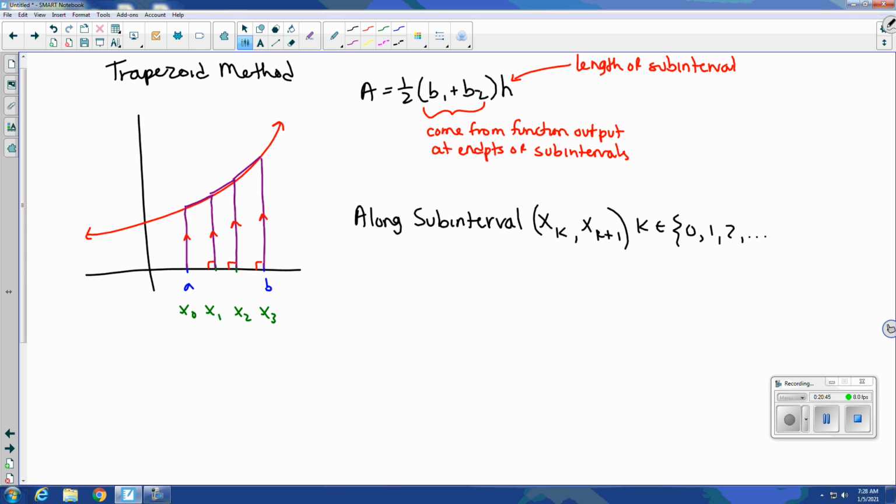And it's going to go all the way up to n minus 1. Again, because we established that the subinterval from the abstract form is going to go from x sub k to x sub k plus 1. So we want n minus 1 to be the stopping point so that the final value is x sub n, where n is equal to the number of subintervals.